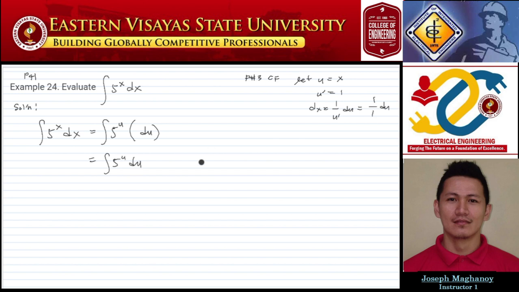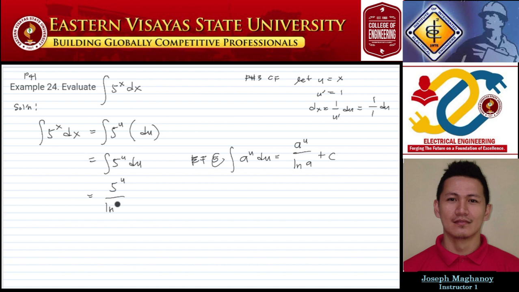Okay, so we can apply our exponential formula number 5. Integral of a to the u du is equal to a to the u over ln of a plus c. So 5 to the u over ln of 5 plus c.